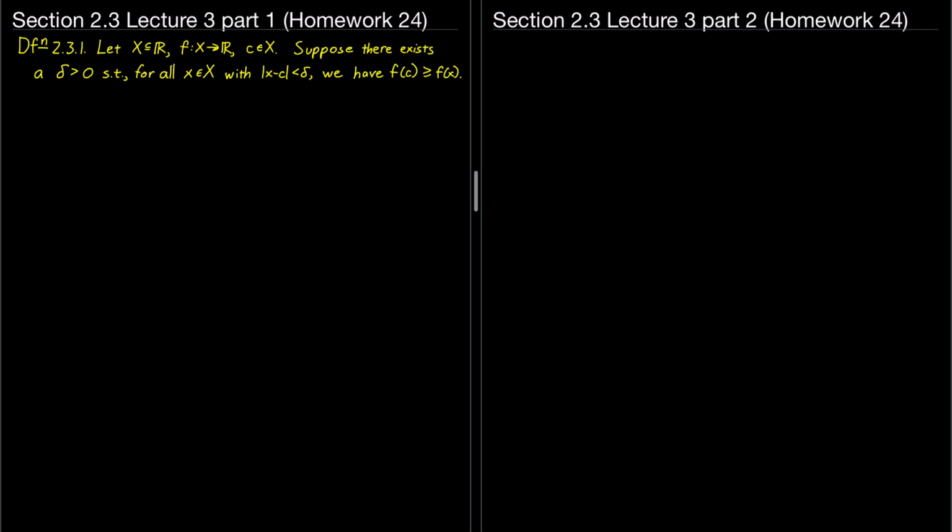We want to include the equals case because, after all, c is a number in our domain whose distance to c is less than delta, because the distance from c to itself is in fact 0.